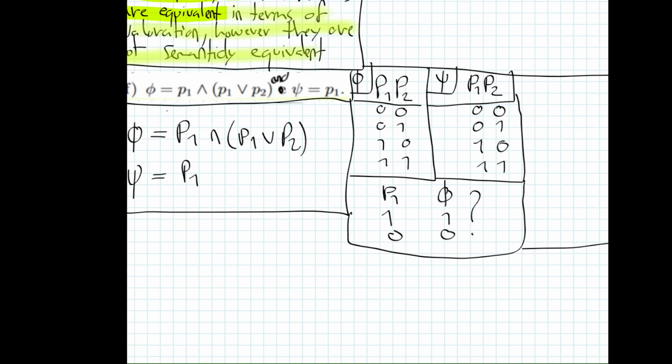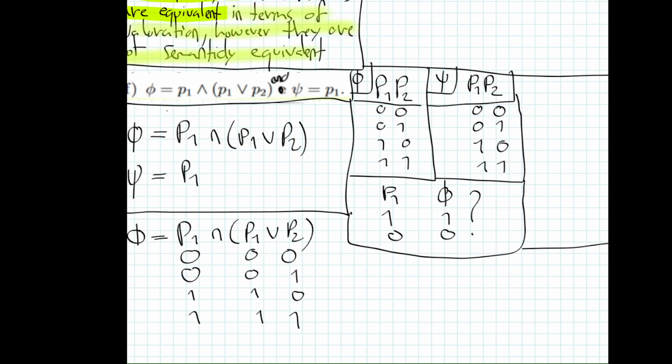So let's do psi, sorry, phi: P1 conjunction P1 or P2, and then we get 0, 0, 0, then 0, 0, 1, then 1, 1, 0, and then 1, 1, 1.